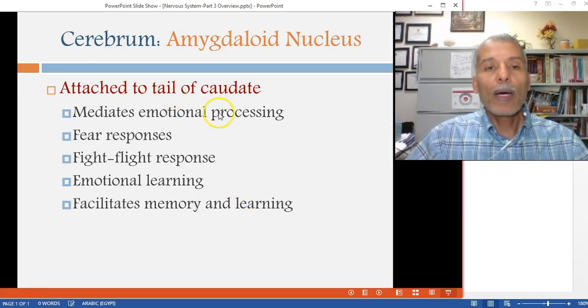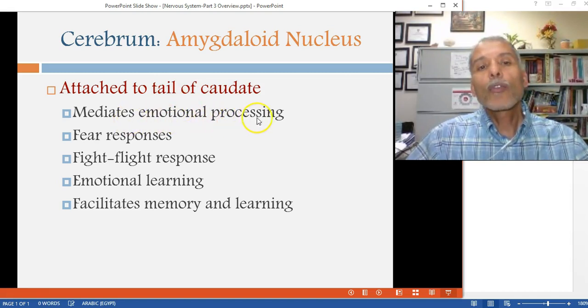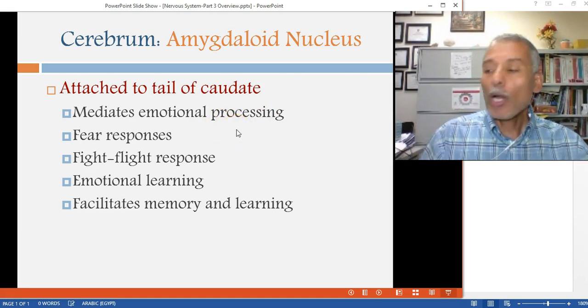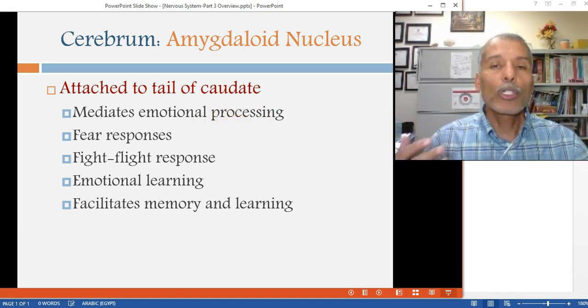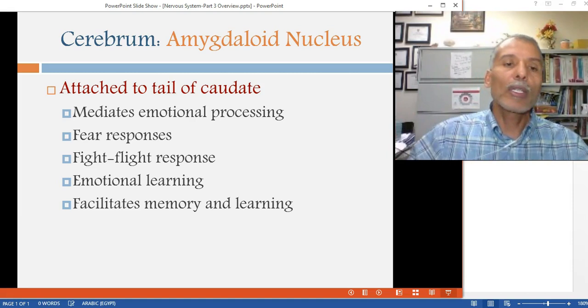And then the amygdala. The function of it is to mediate emotional processing. It is your primary emotional processing center. It processes fear and social events and social stimuli.